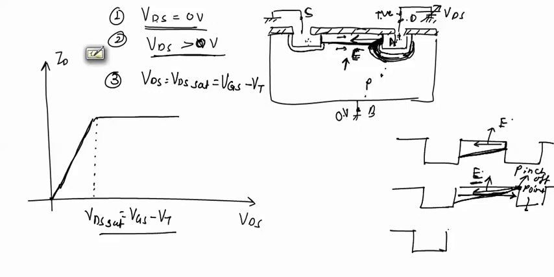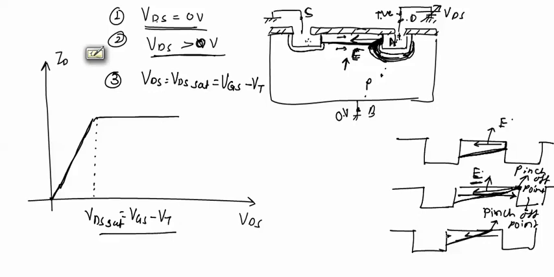Further increase in VDS above VDS SAT will decrease the length of the channel. Now the pinch off point is shifted here. Again the operation will be the same.